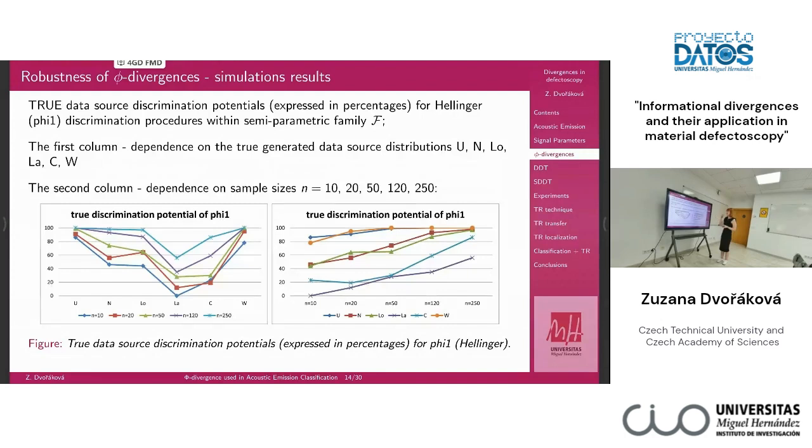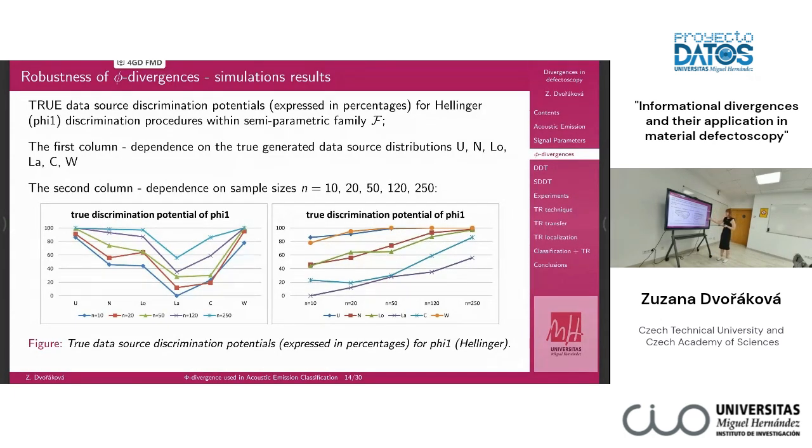Here is a summary of the simulation results. In this picture, you can see again that the Hellinger divergence works very well for the uniform, normal, and logarithmic distributions, and also for Weibull. But there are many mistakes for the Laplace distribution and also for the Cauchy distribution.